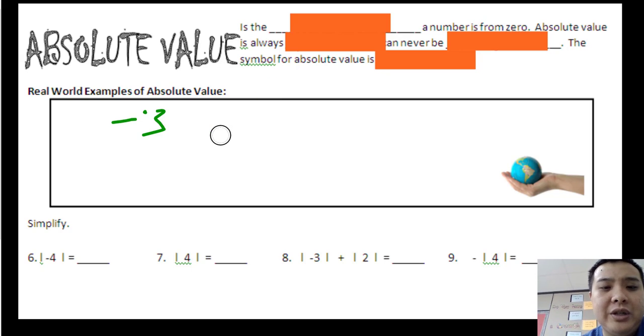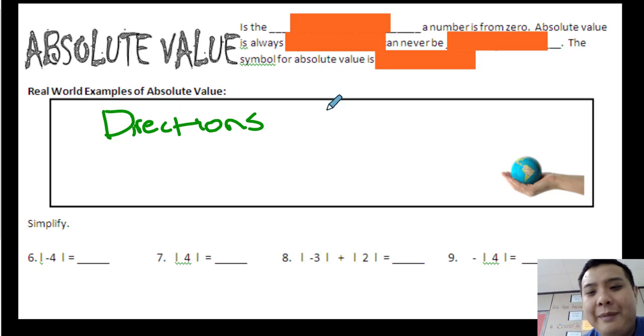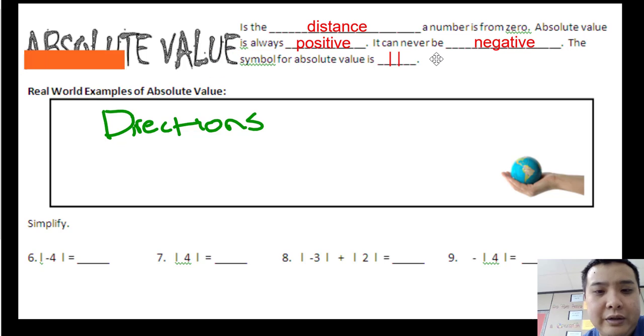So when we're talking about directions, we talk about the absolute value going left or right, east or west. We don't say negative numbers. We use the positive version of them. So it's going to be like 3 miles east.